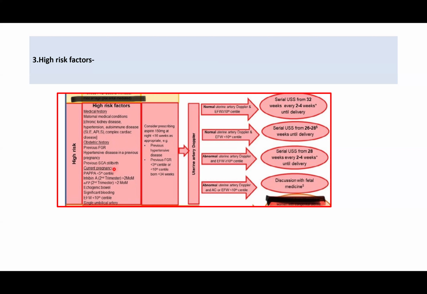And in the current pregnancy, if biochemical tests and Down syndrome screening are done and PAPP-A is less than 5th centile, inhibin A is more than 2 multiples of median, AFP is more than 2 multiples of median, there is echogenic bowel diagnosed on ultrasound scan at the mid anomaly scan, the woman has significant bleeding, estimated fetal weight is less than 10th centile, or there is a single umbilical artery, then these women are at high risk of developing small babies.